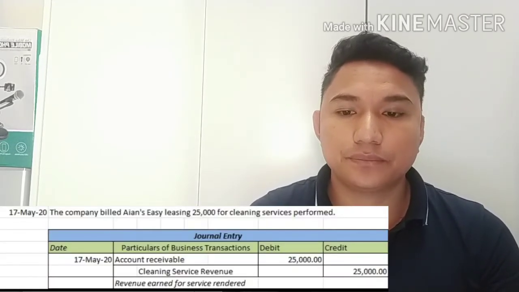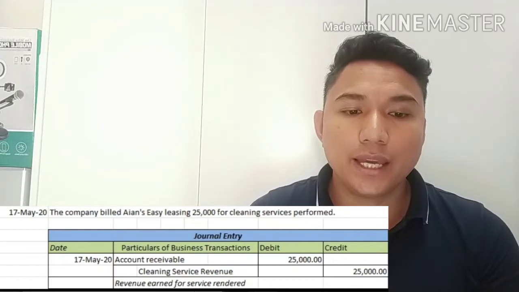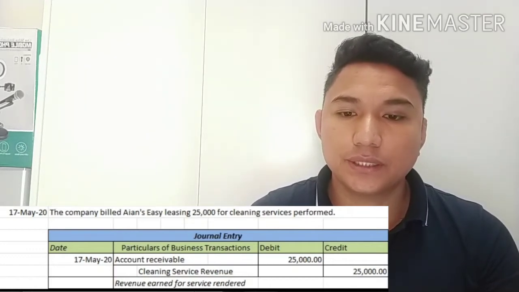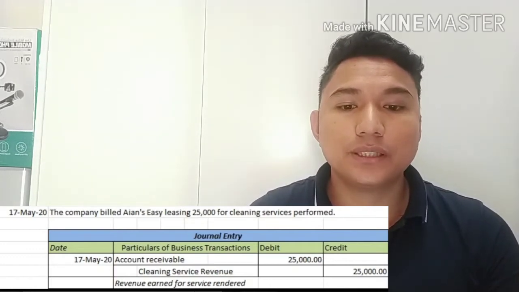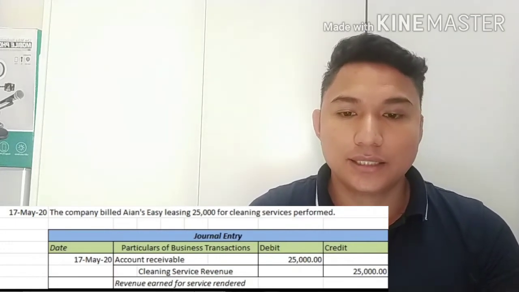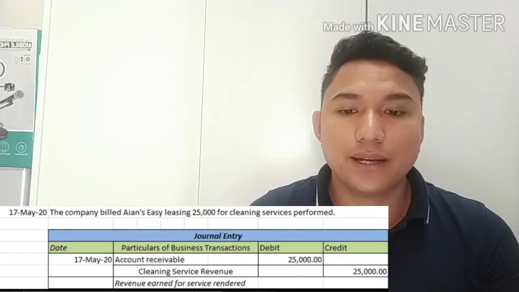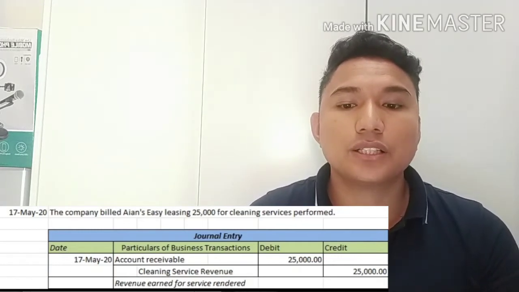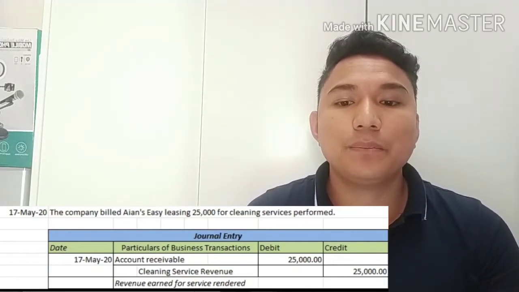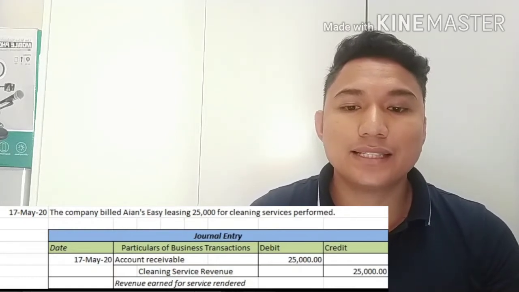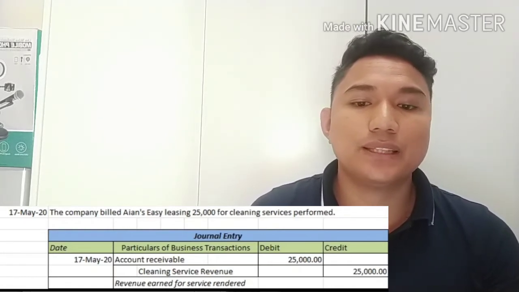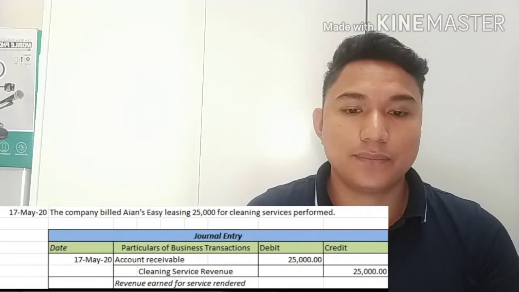Entry number 7 in the general journal. We have an entry of debit accounts receivable 25,000, credit cleaning service revenue 25,000, because we billed Ian's Easy Leasing Company for 25,000.